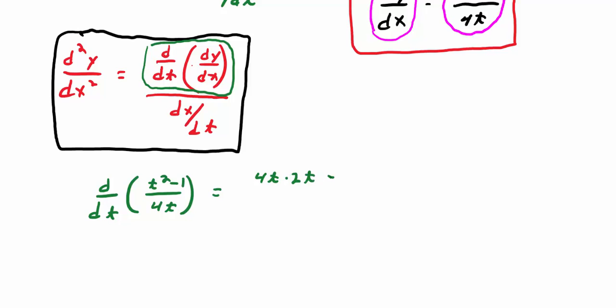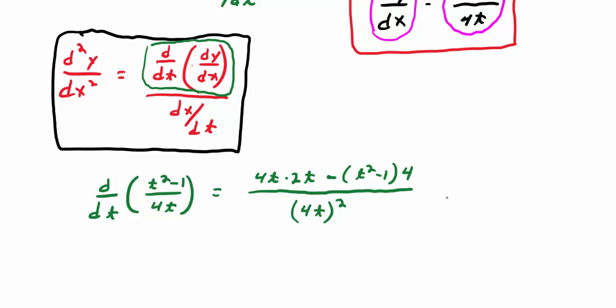Minus high d low, what's that? Quantity t squared minus 1 times 4. Over low squared, what's that? Quantity 4t squared. Right, good. So you've got to square that 4 as well. Everybody agree with that?